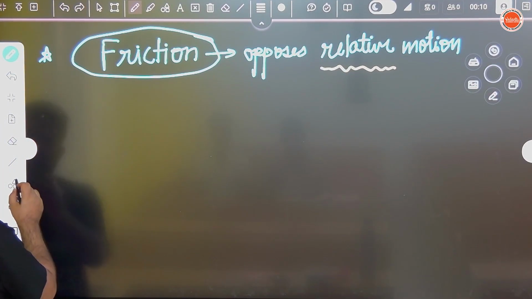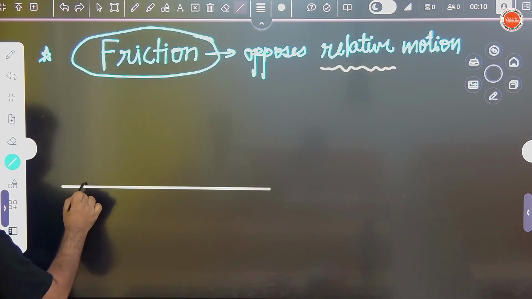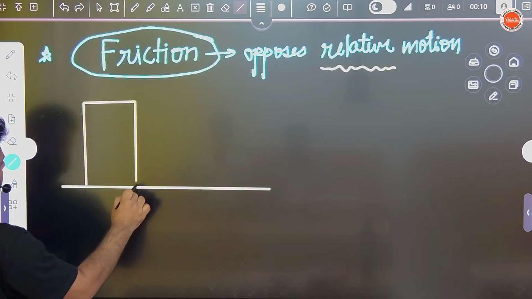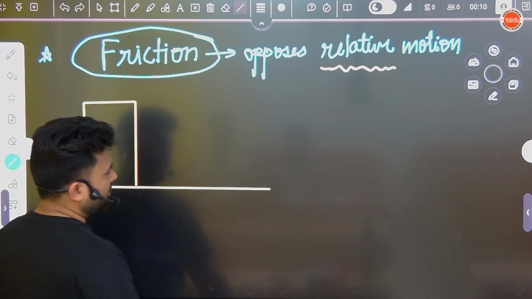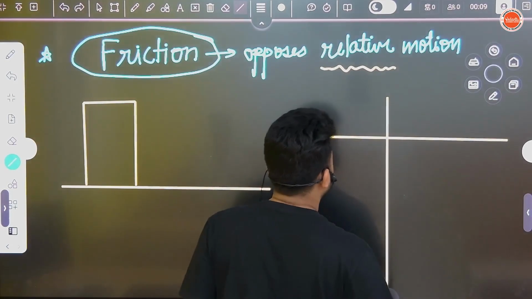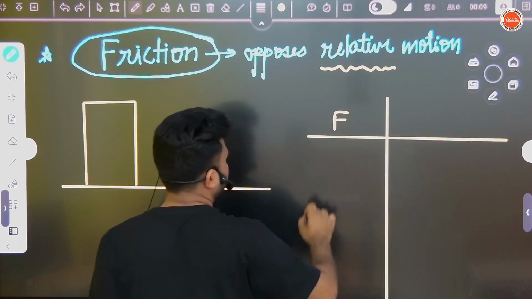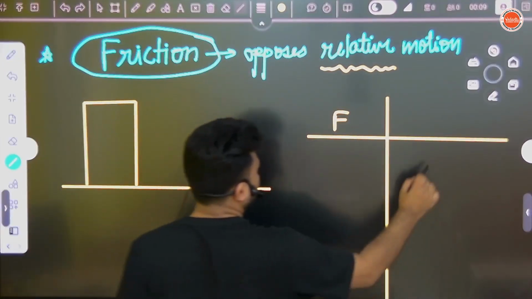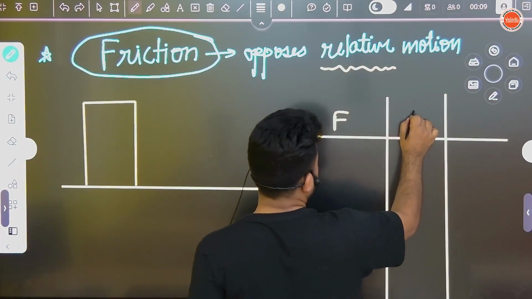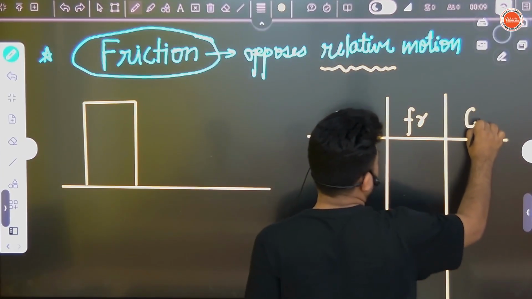Always remember that suppose there is an almirah kind of thing, or one huge block, one table. I wanted to write this is how much force you are applying, this is how much friction it will have, and this is the condition of the object.